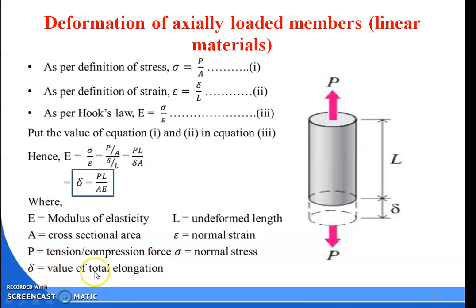Delta is the total elongation or deformation. L is the undeformed or original length of the body. Epsilon is the normal strain, and sigma is the normal stress.